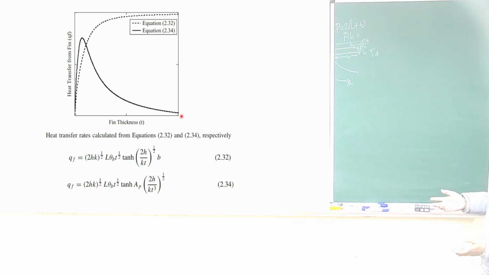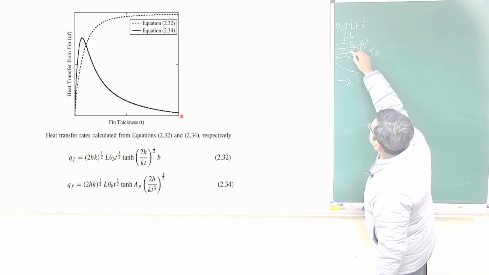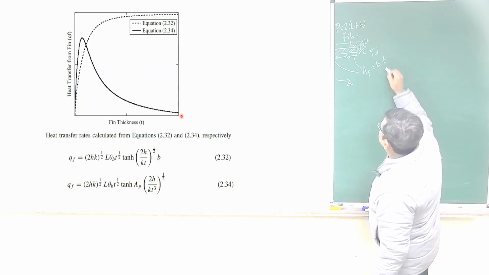We have that number, that means you have a prescribed AP value. Now AP is just this area. So this is AP, this is B into T.